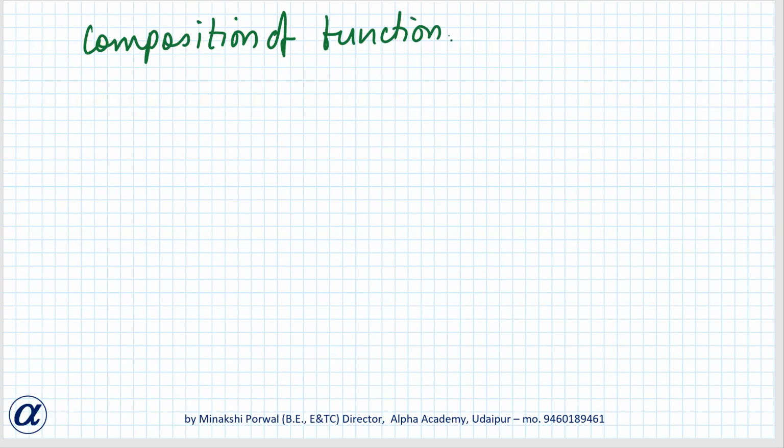Actually, before doing questions 31, 32, 33 and 34, we should be familiar with a small topic, composition of function. Basically, suppose there is a function f and there is a function g.